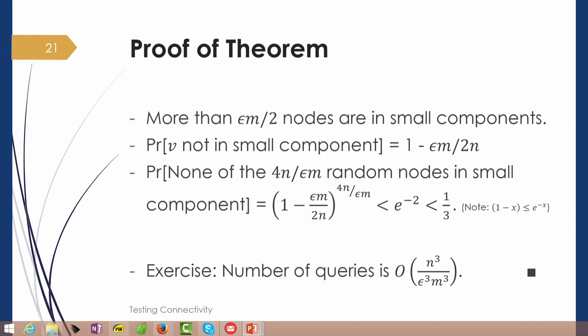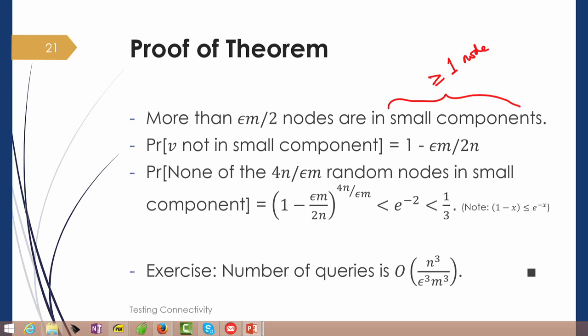So, with these lemmas in our background, we are now ready to prove the main theorem. Just recall, more than epsilon m by 2 components are small, and each of these small components must have at least one node.